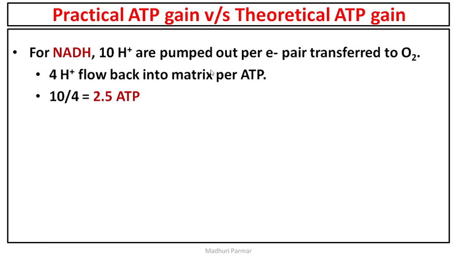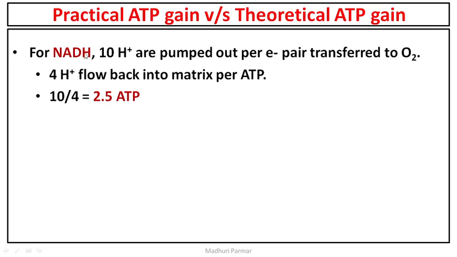Now we had also seen when we discussed the ATP synthase that when 4 protons flow back, when 4 protons come back from the intermembrane space into the matrix, one molecule of ATP is generated by the ATP synthase. So now from this, can you find out?